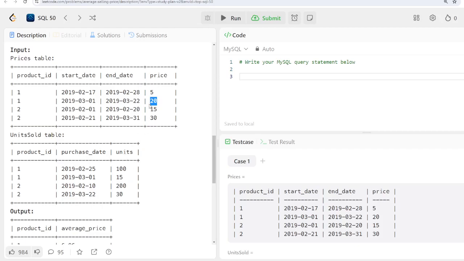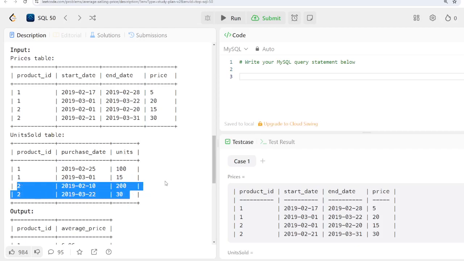So 15 into 20, that is 300, and then I have to add the sum. So basically 500 plus 300, it will be 800, right? And total units that were sold was 115. So I will do 800 divided by 115, and for this product ID 2 I will also do the same.